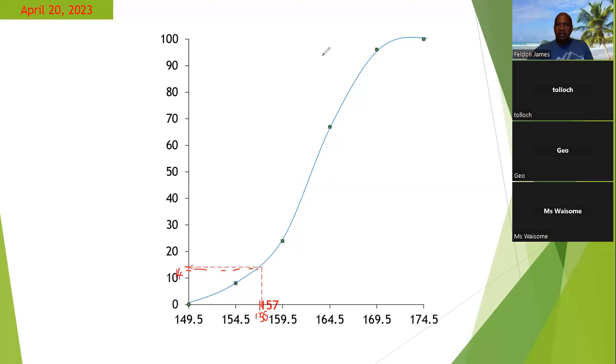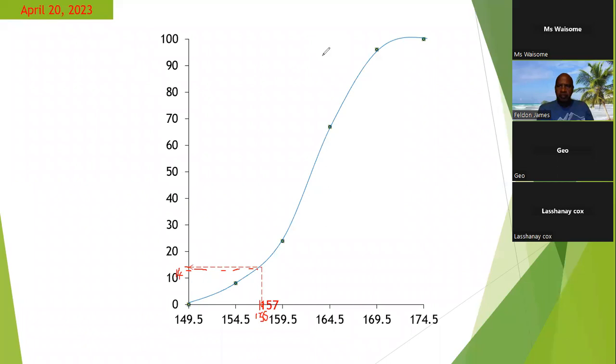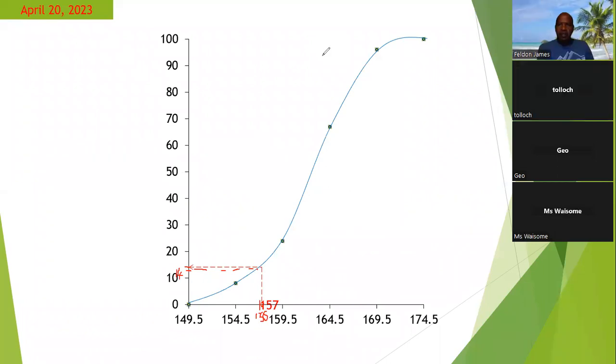You get that, guys? Let me see the hands of those who understand what I'm saying. So if you're using a curve to determine a value which is less than a particular value, what you want to do is to first find that position on the frequency axis for that value which is less than.